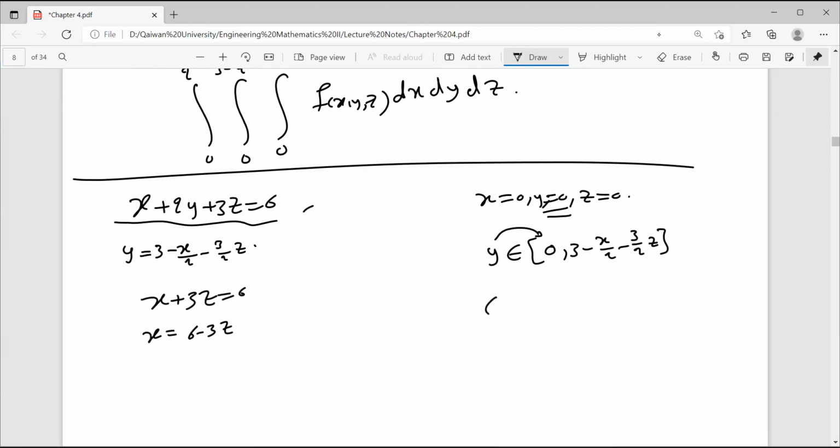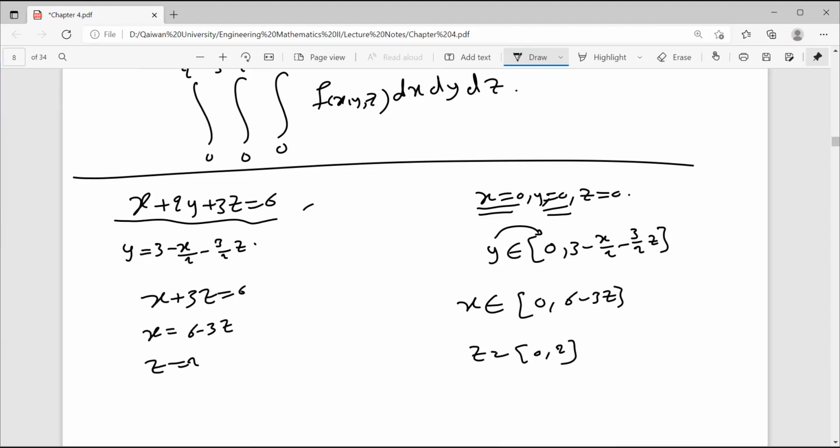That means x belongs to what? x from 0 to 6 minus 3z. How about z? We replace x and y by 0, and z is 2. That means z belongs to 0 to 2.